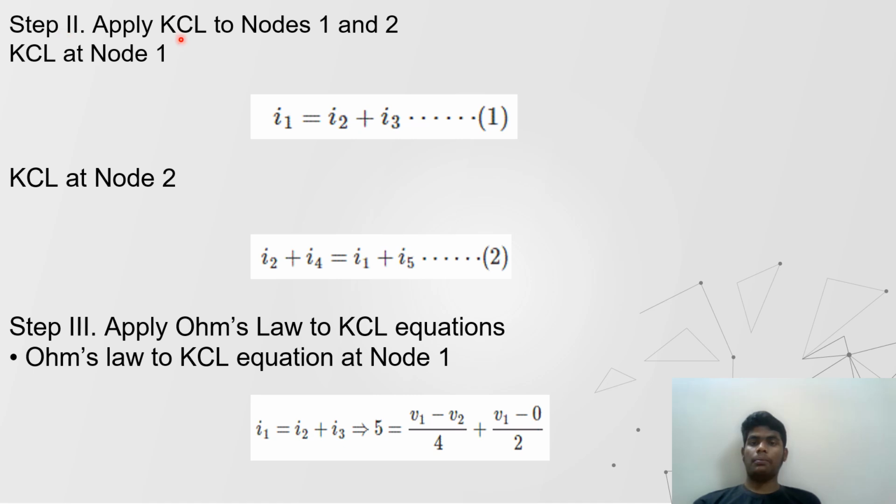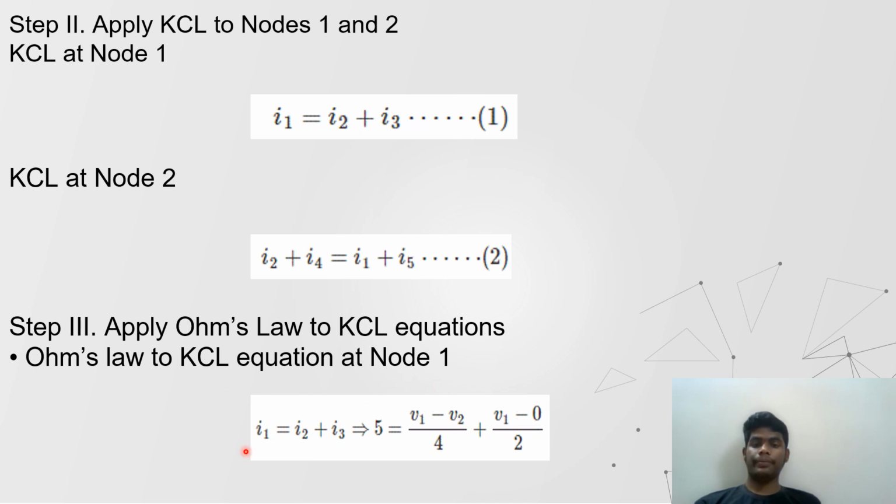Step 2: apply KCL to node 1 and node 2. KCL at node 1 means I1 equals I2 plus I3. KCL at node 2 means I2 plus I4 equals I1 plus I5, the second equation. Step 3: apply Ohm's law to the KCL equations.